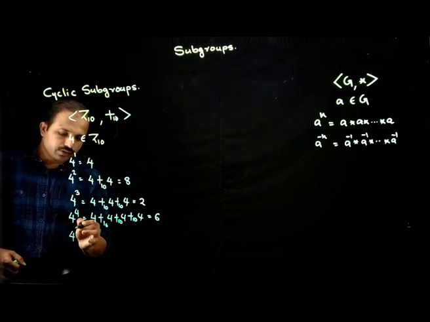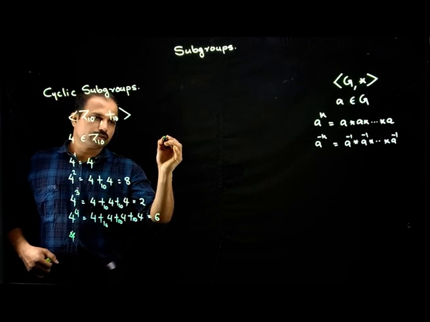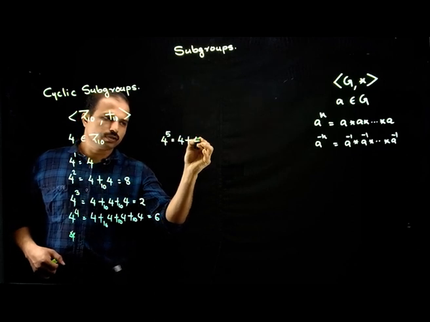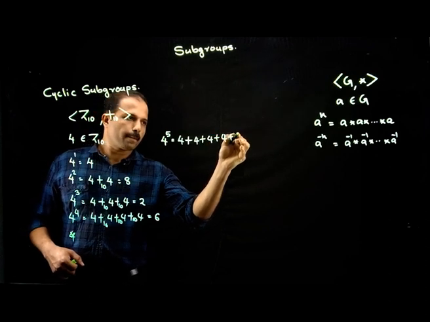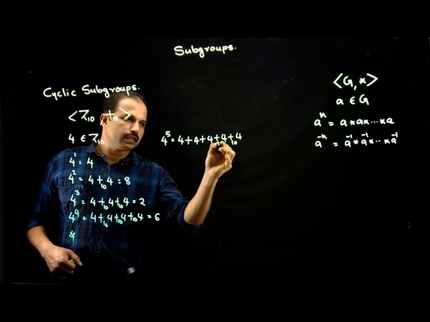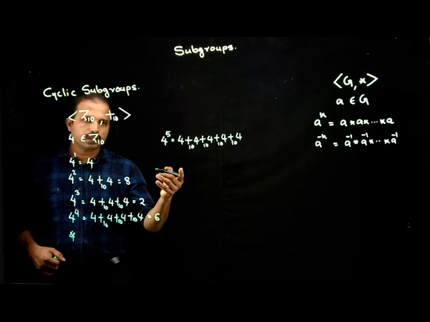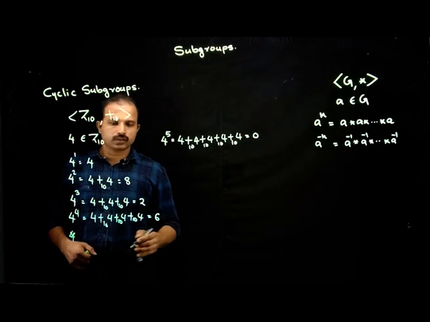Now you continue this work. What is 4 raised to 5? 4 raised to 5 is 4 operated 5 times, so 5 fours becomes 20, and 20 under addition modulo 10 is 0.